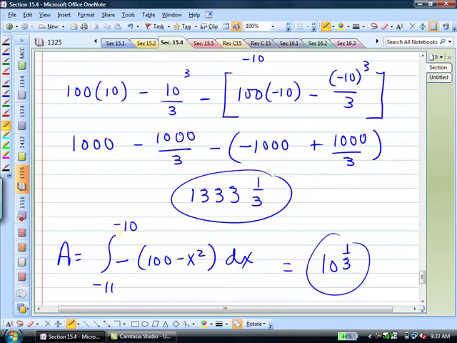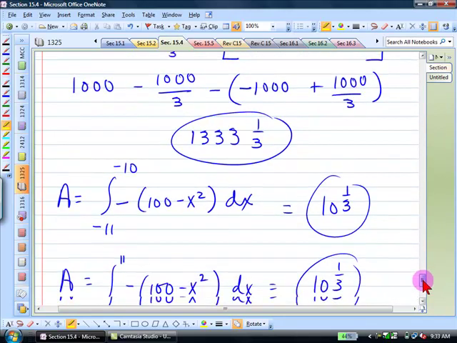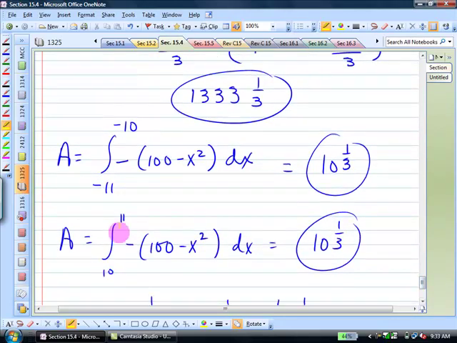And we get 10 1/3. If you do it on the calculator, you should get 10.333, something like that. And the other side is still negative because it's under the x-axis, but our integration limits are from 10 to 11, and we'll still get 10 1/3.